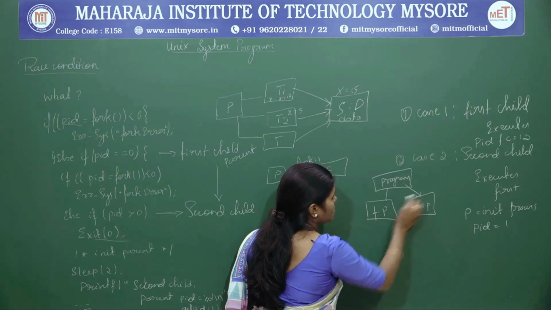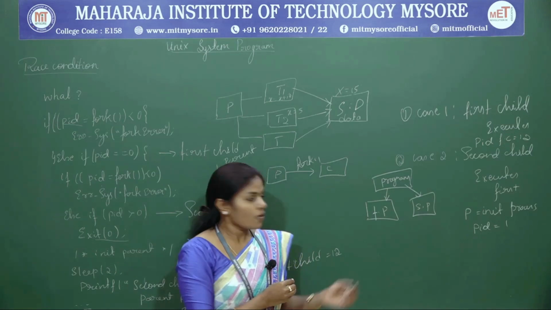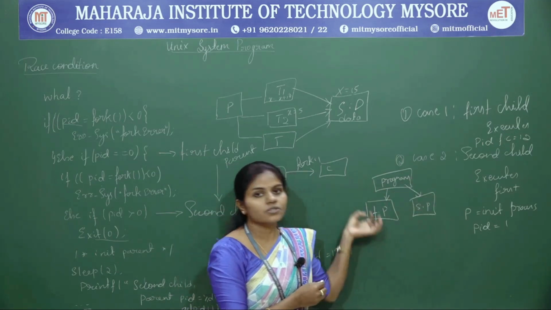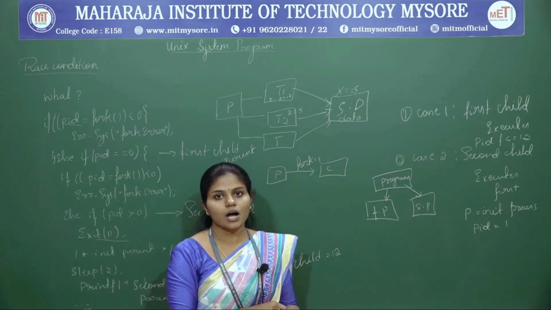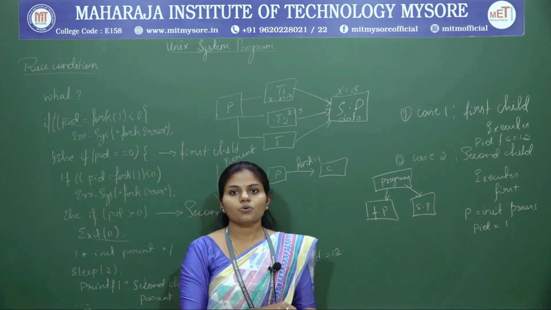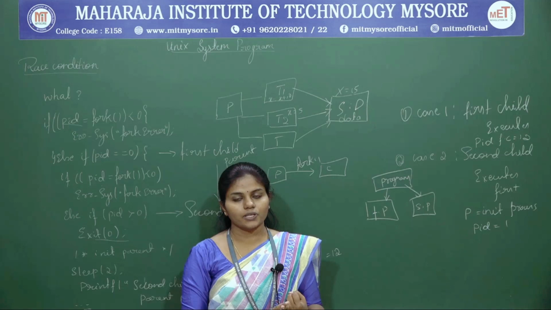In that case the CPU has to select whether to execute the first child or the second child. So the race condition is going to occur, right? To avoid this, we are going to do signaling and inter-process communication.